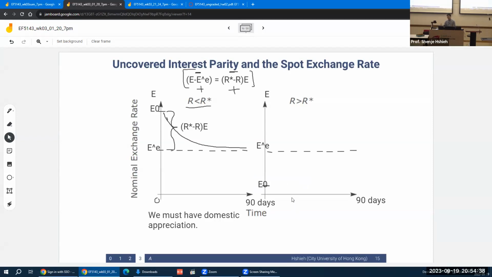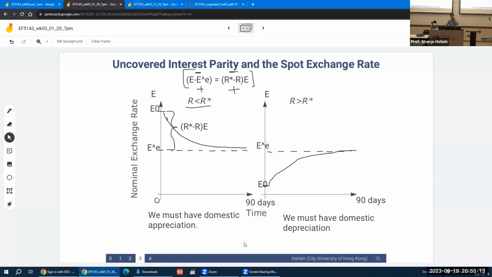Again, if we have perfect information, we are accurate in our prediction about what the future spot exchange rate should be, then the spot rate should eventually approach our beliefs. So in other words, if you observe interest rate differentials with larger interest rates domestically, then we must have domestic depreciation over time, right?